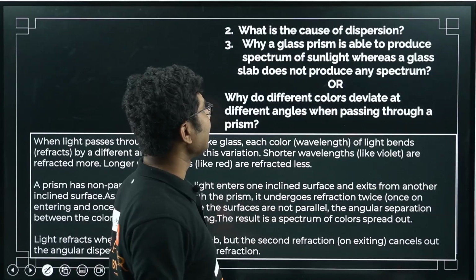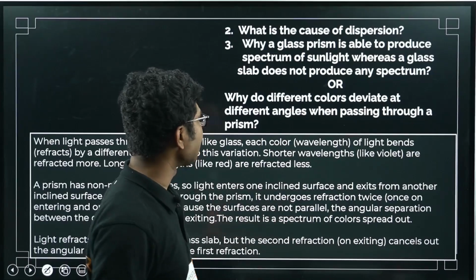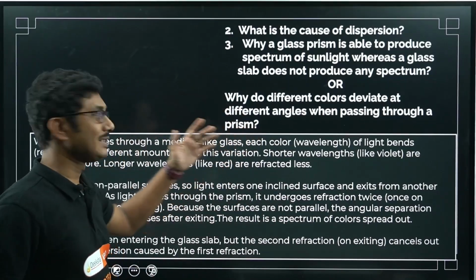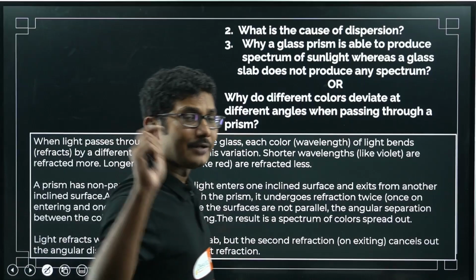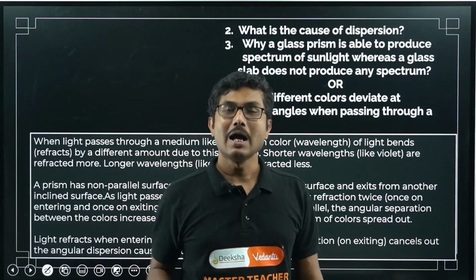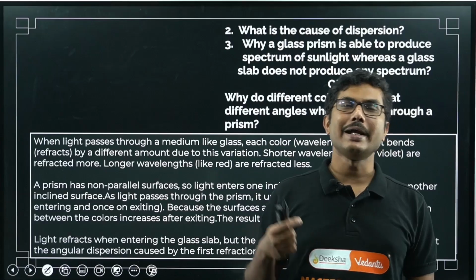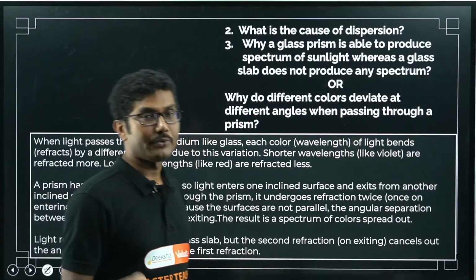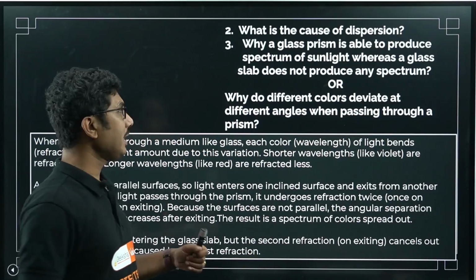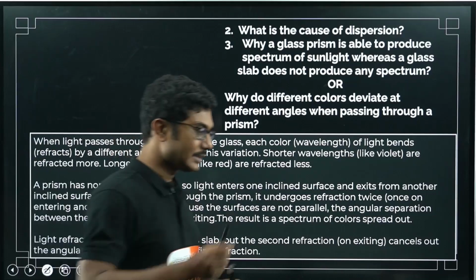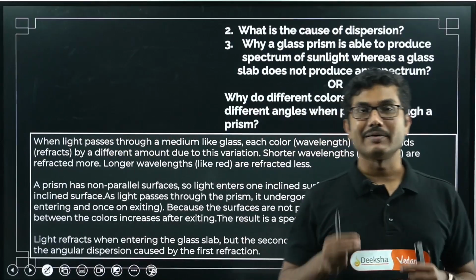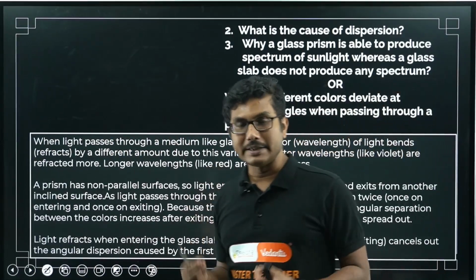Why do different colors deviate at different angles when passing through a prism? As we have discussed in our first part, light of different colors travels at different speeds. That is the main reason why the light bends by different amounts when traveling through a medium. The basic reason is that different colors of light travel at different speeds in a medium.